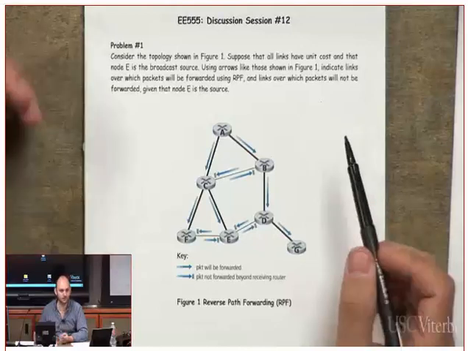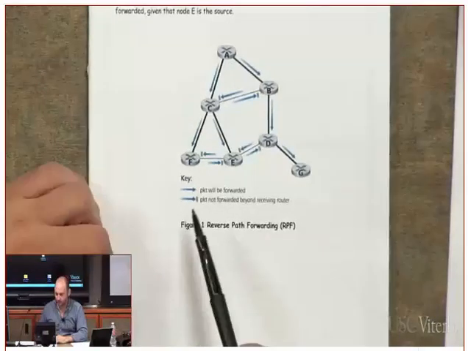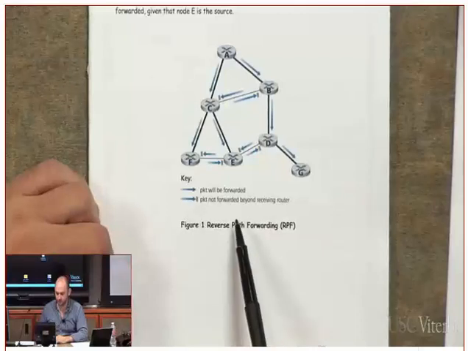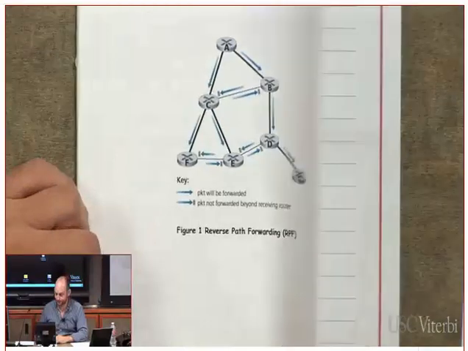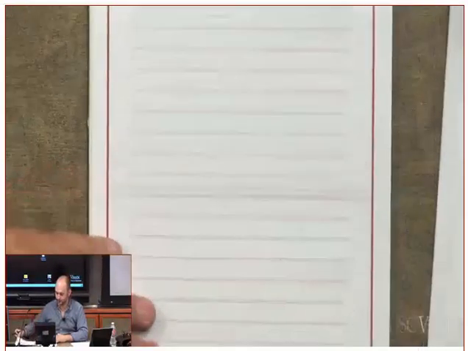The notation that we will use is this arrow and a small square over here, meaning the packet is not forwarded beyond the receiving router. So, let's see. I will draw the figure over here.